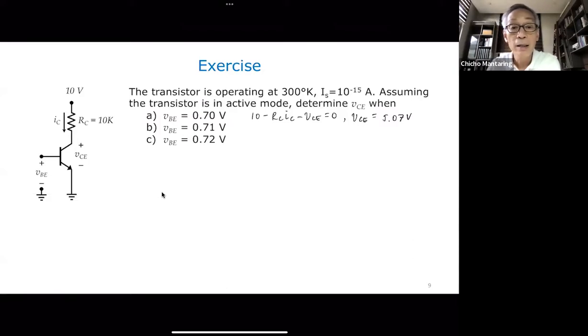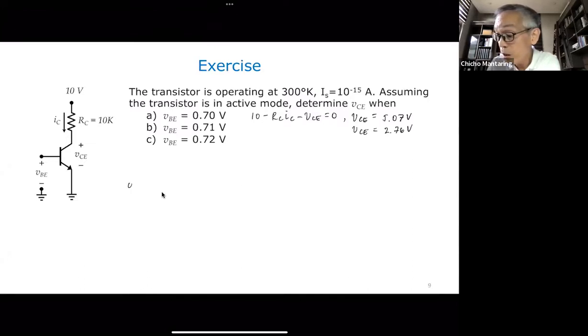Okay. Now, what about when VBE is equal to 0.71? So using the same formula, I'm going to get VCE equal to 2.76 volts. So you recall what I said earlier?